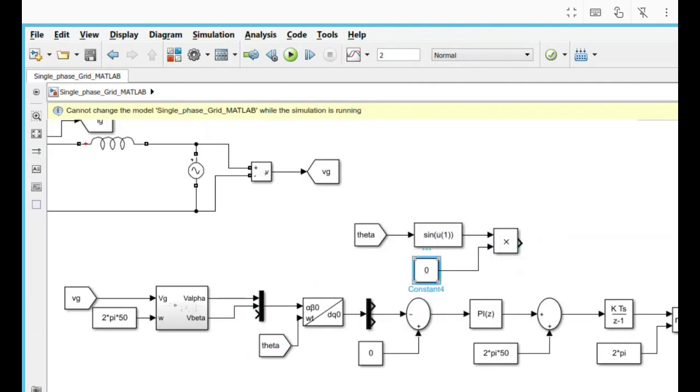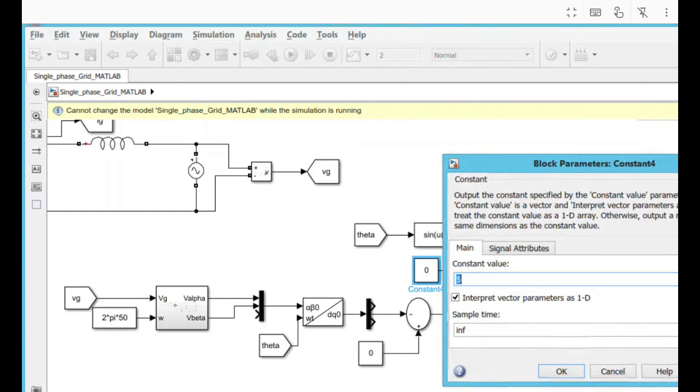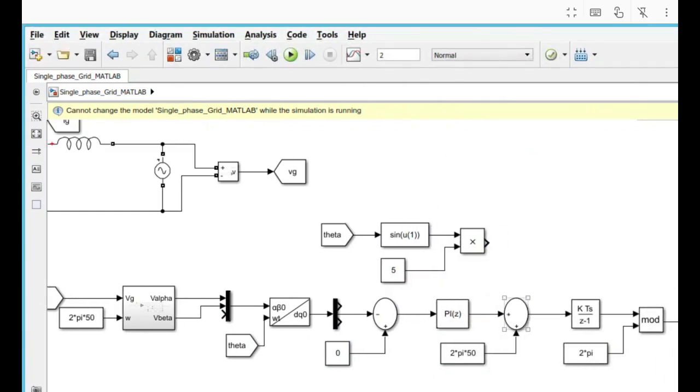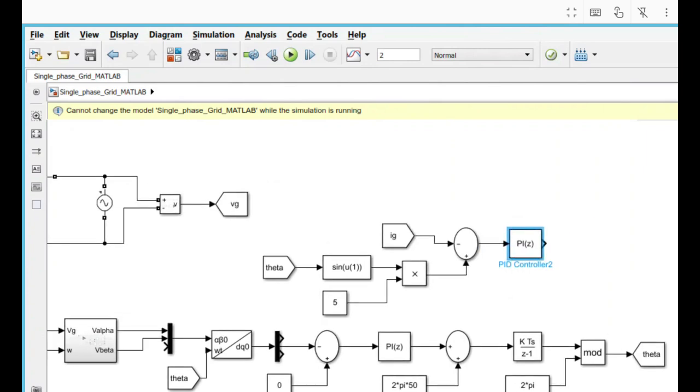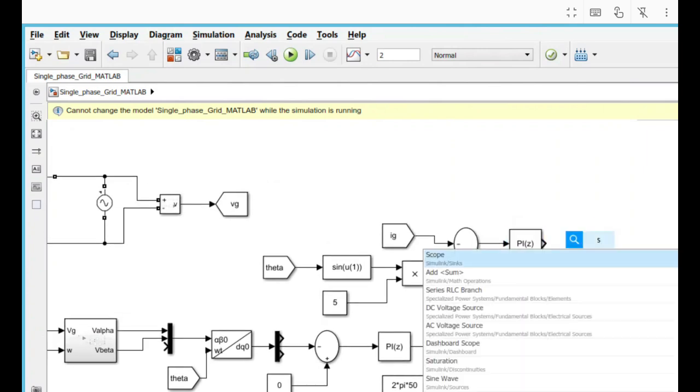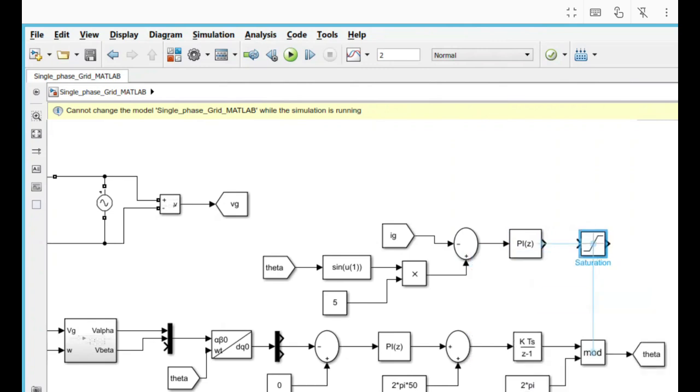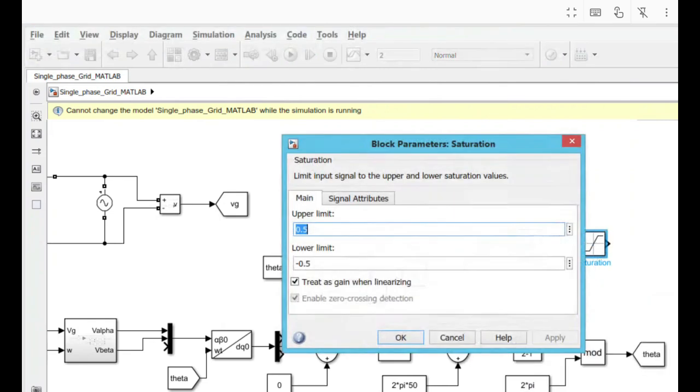We are considering 5 ampere, and this is compared with the grid current, and this is passed through the PI controller, and we are making a saturation block. Output is 1 and -1.